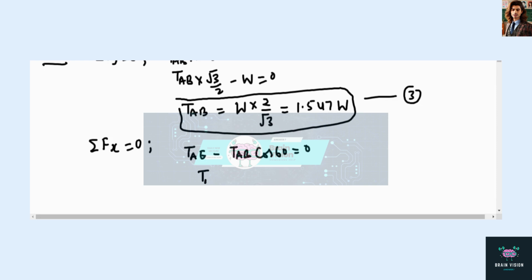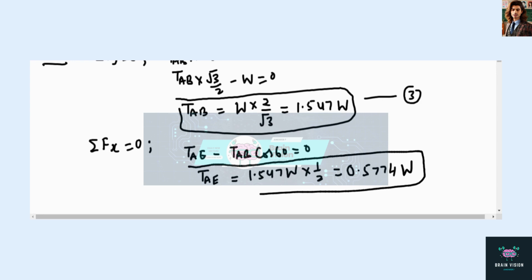So here we will get the tension in the AE chord. TAB already we have calculated 1.1547 into weight of the cylinder, cos 60 is half. So on solving, tension in the chord AE we will get 0.577 into weight of the cylinder. Say this equation to be 4.